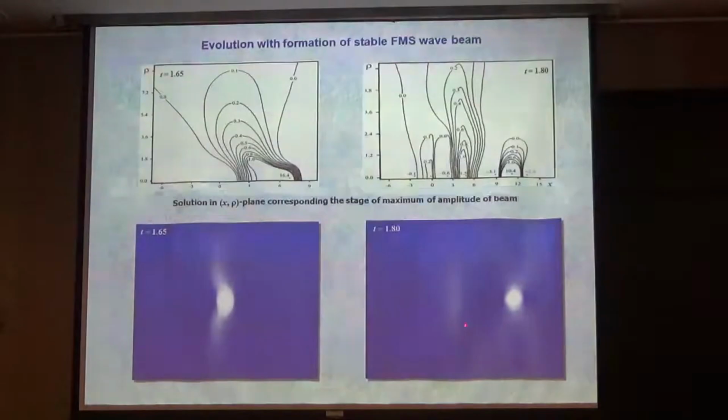These pictures show the evolution of the solution in the x-rho plane corresponding to the stage of maximum amplitude of the beam. You can see here the flapping of the pulse wings behind the main part of the pulse, with formation of the ring structure behind the main maximum.